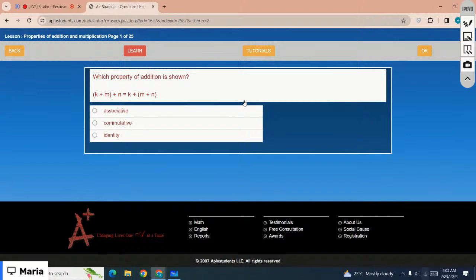K is on both sides, m is on both sides, and n is on both sides. Just the order of addition is different, right? And when you have three variables involved, that is the associative property. The correct option is associative. Option 1 is the correct option.